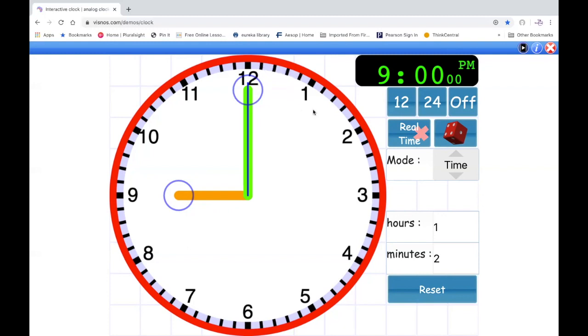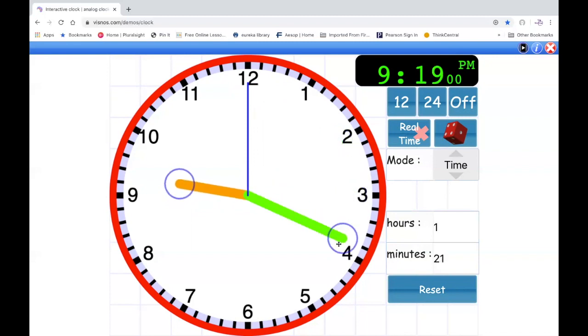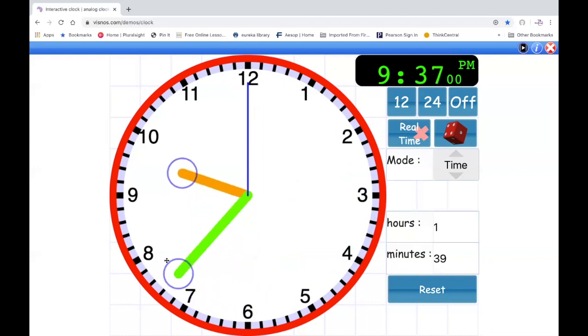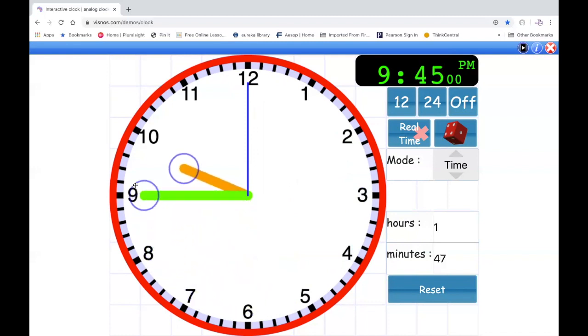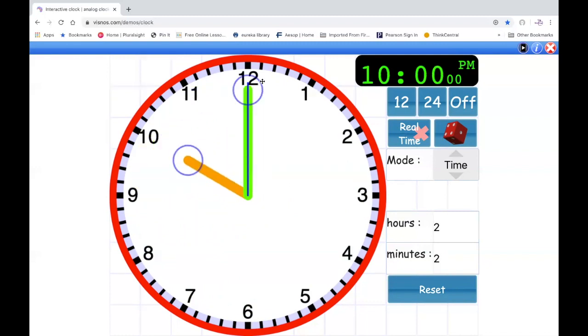So the numbers, we count by 5s for the minutes, because we say 1, 2, 3, 4, 5. So I can count these by 5. We'd say 5, 10, 15, 20, 25, 30, 35, 40, 45, 50, 55, 60.